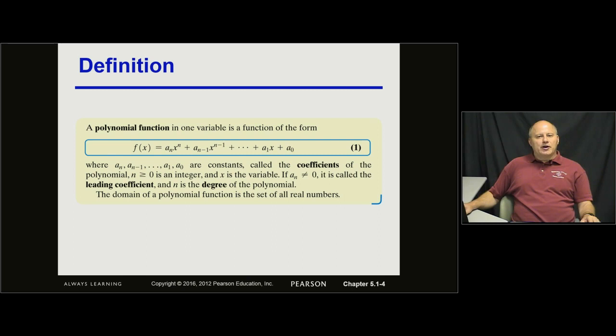So when we were dealing with quadratic functions, if you remember, it was ax squared plus bx plus c, where a, b, and c are real numbers. Well, a quadratic function has three terms typically, ax squared, the bx, and the c. So since there were only three terms, we could have named them a, b, and c.